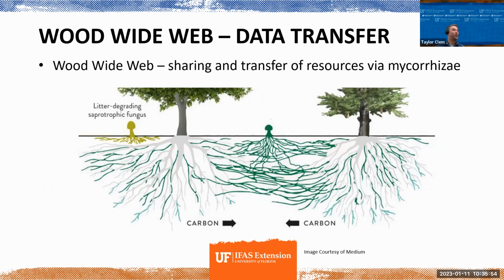So in these systems, when we think about these mycorrhizal networks, you can see in this image, you have one tree and another tree. Those trees can connect with these mycorrhizal networks, and they can send and share information and data. So from a 1,000-foot view, say I'm a tree and I have my offspring.